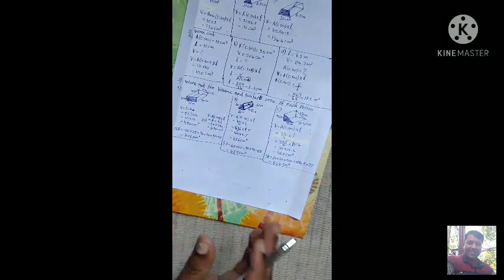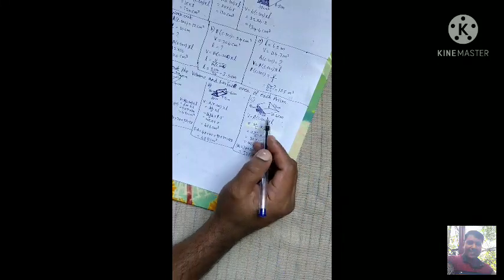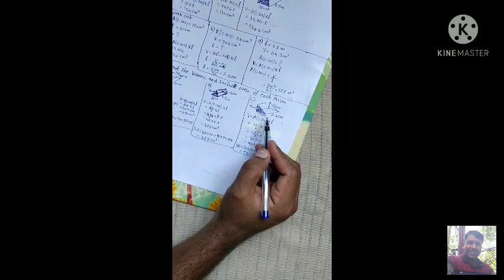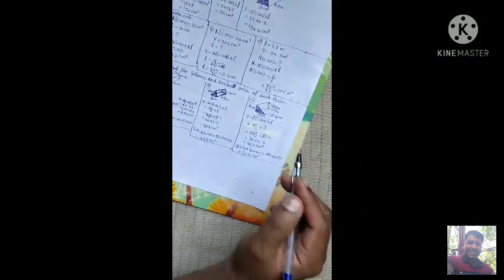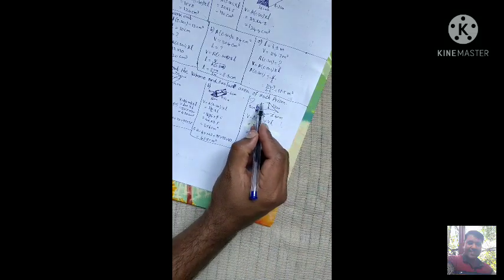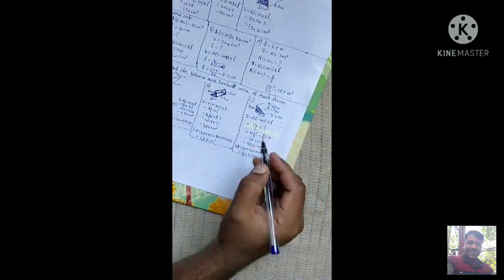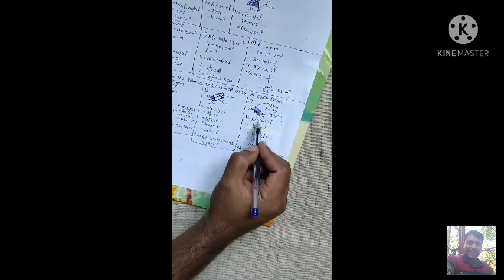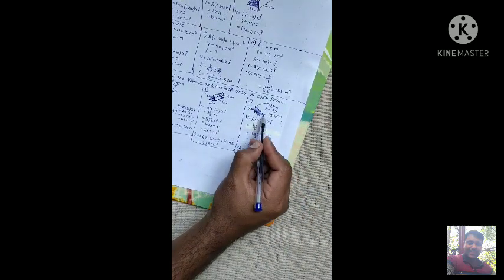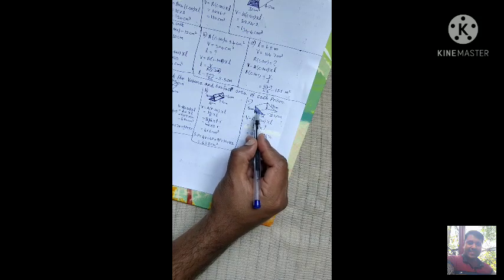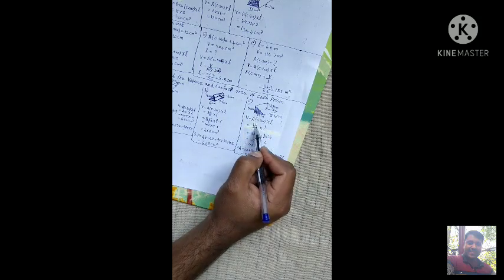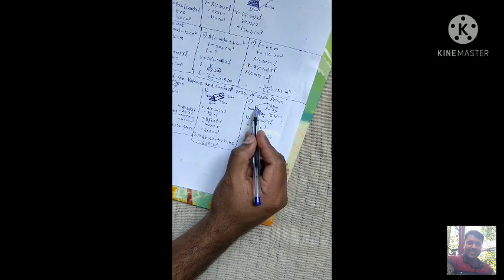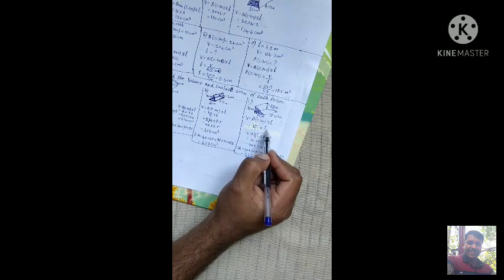So this is the concept, okay? Now we are going to do the right angle triangular prism again. See here the values are given. This is the prism. First we are going to find the volume. Volume equals area of cross section times length. The area of cross section is this triangle, BH by 2 times length.